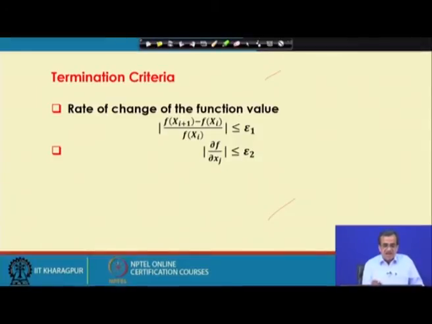The termination criteria are as follows: the rate of change of the objective function value, that is, the mod value of f of x i plus 1 minus f of x i divided by f of x i, should be less than or equal to some small value epsilon 1, or I can find the partial derivatives with respect to the variables, and their mod values should be less than or equal to epsilon 2. So, this could be the termination criteria for this algorithm.